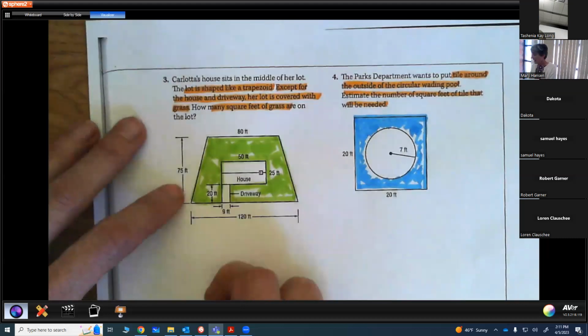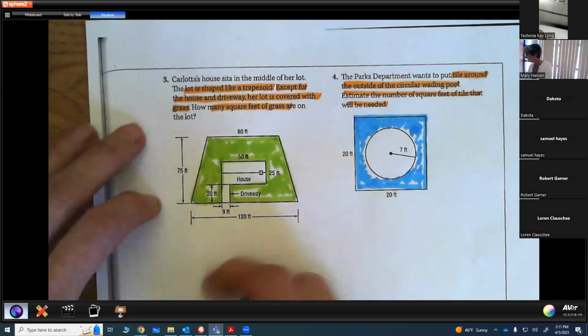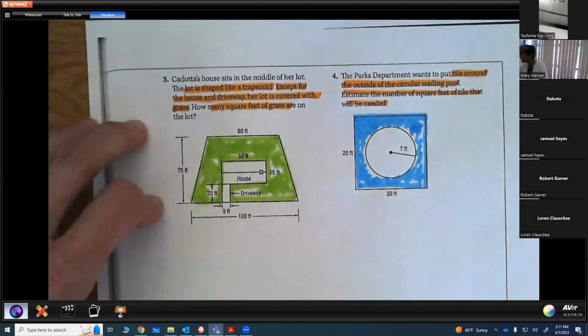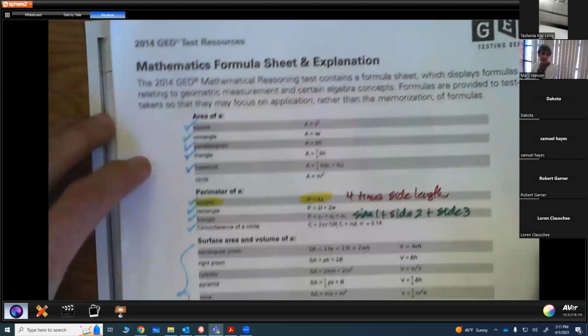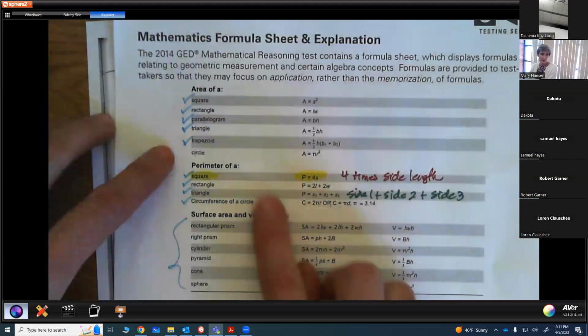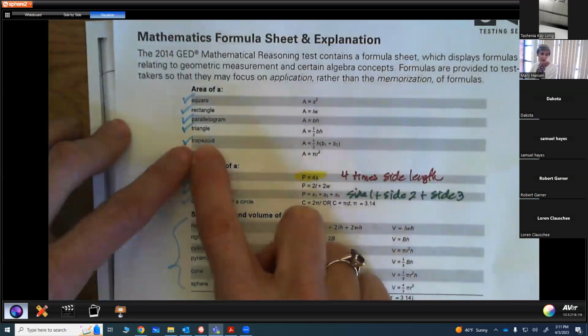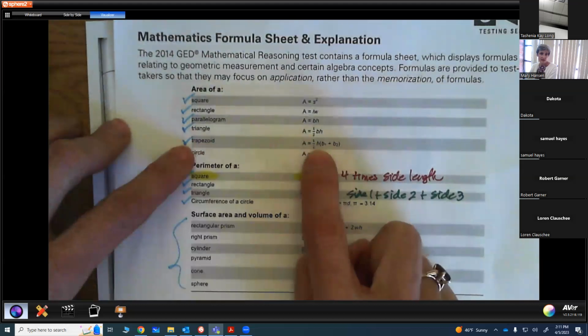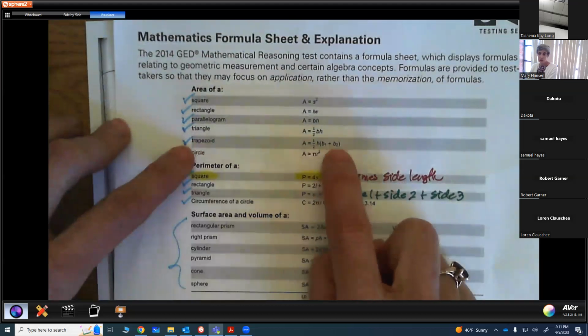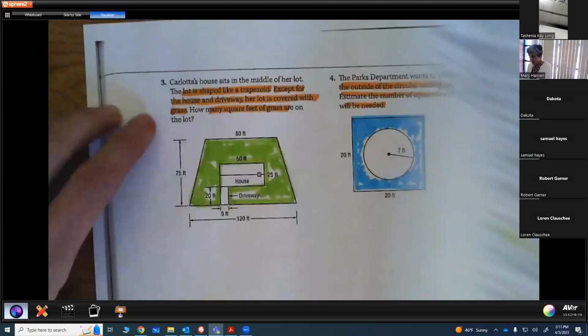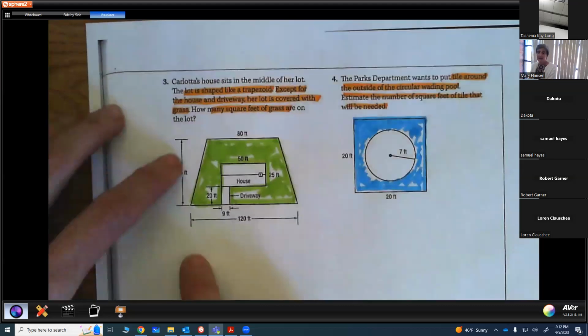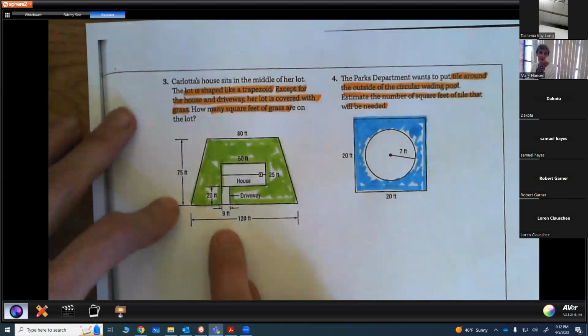And on your formula sheet, we haven't done much with trapezoid, but here it is. It says 1/2 height times B1 plus B2. Is that base 1 and base 2? Yes, it's base 1 and base 2.